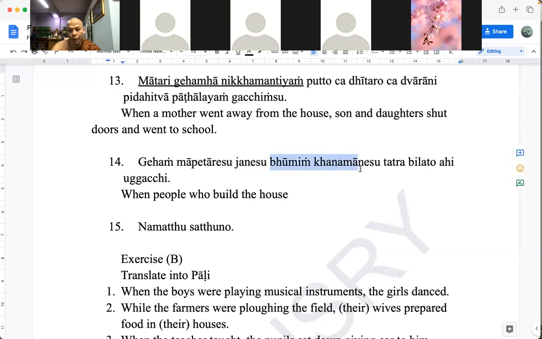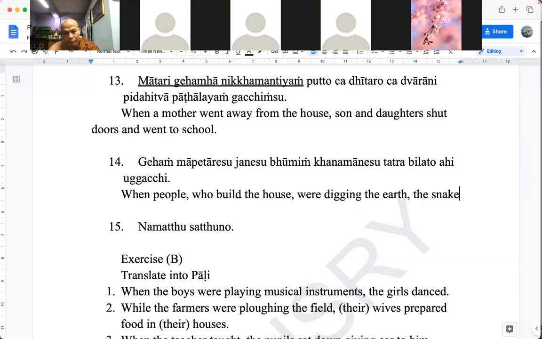And then Bume Kana Manesu. So we're digging the earth, who made the earth. So Dadara Bila Do Ahi Ogechi. Ahi, so the snake. That is the subject. So Dadara Bila Do Ogechi.